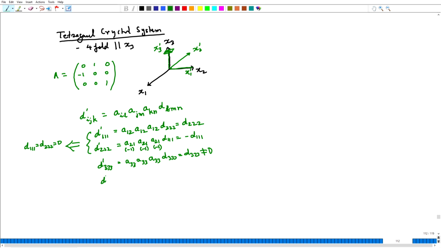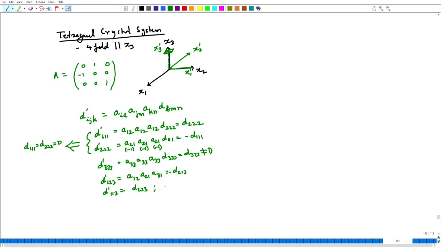Similarly, if I look at d prime 123, this would be a12, which is plus 1, a21, which is minus 1, and a33, which is again plus 1, and this is equal to d213, and this is minus d213. d prime 113, and now I am not going to write all the terms, but d113 is equal to d223.